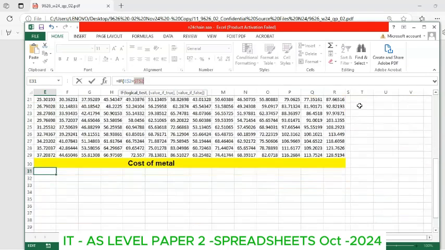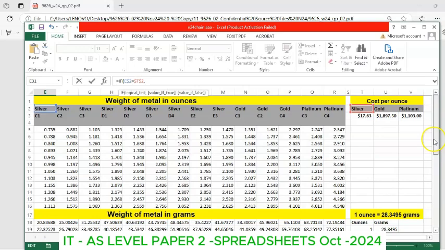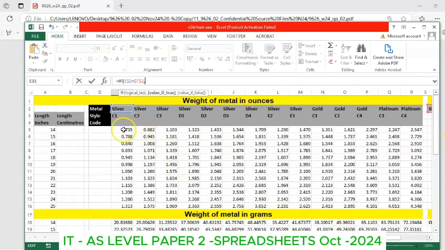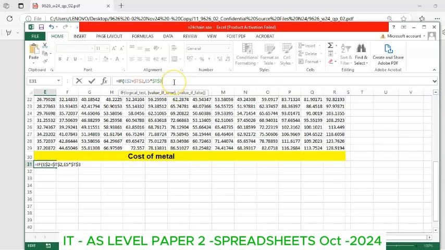So if it's equal to silver, what am I going to do? The requirement is to take the value in this particular cell, then multiply it by the silver value. Then the silver value also has to be made absolute. So that's for silver, comma.